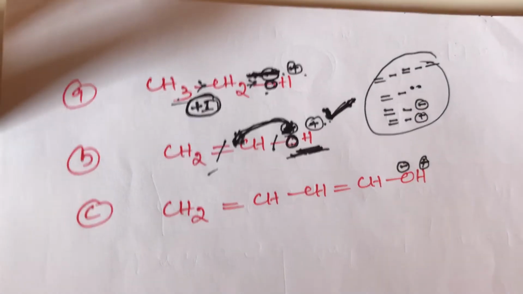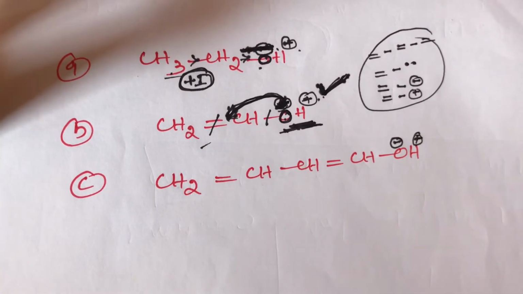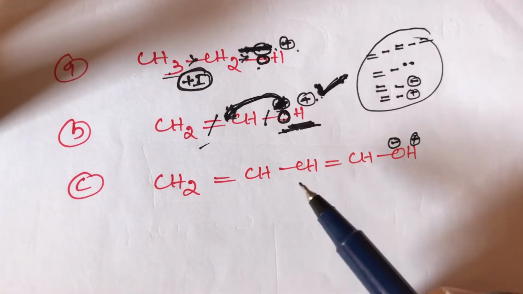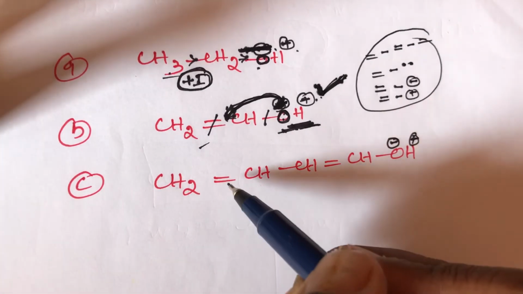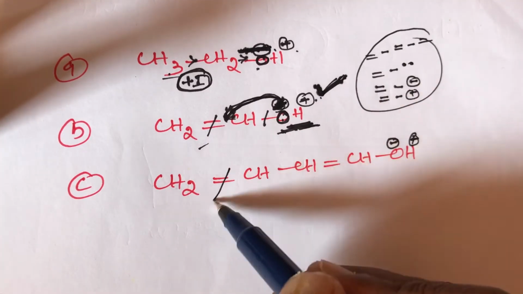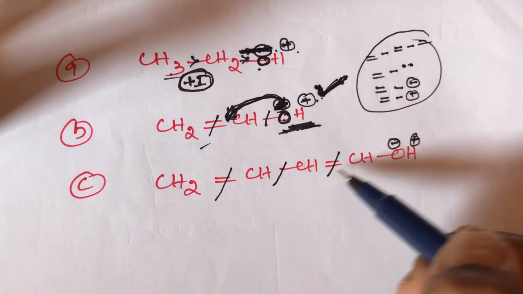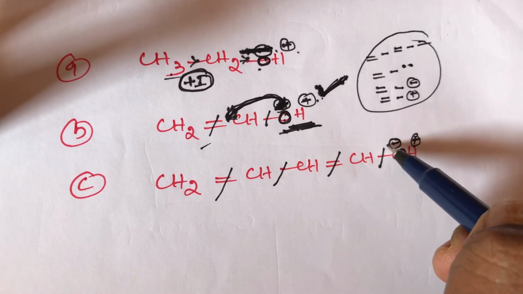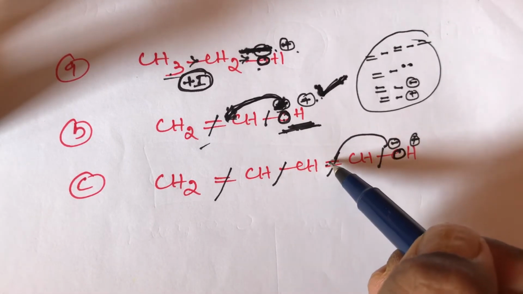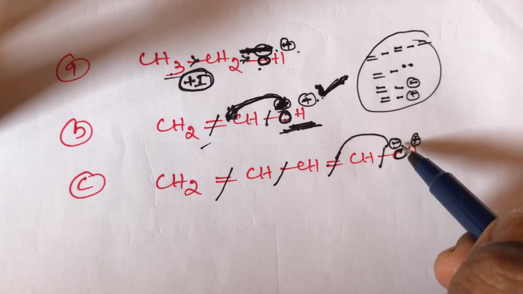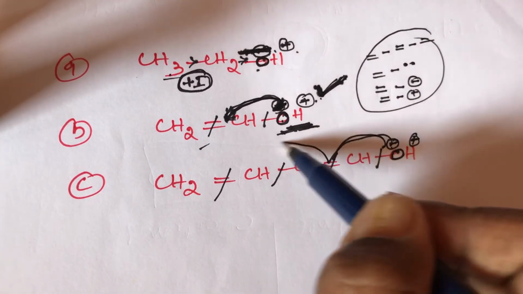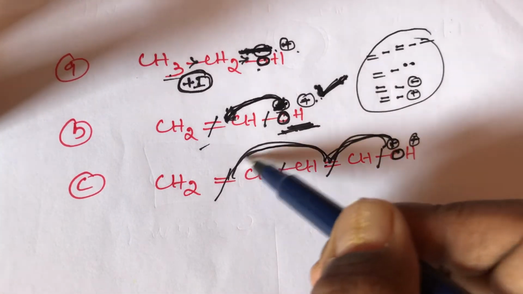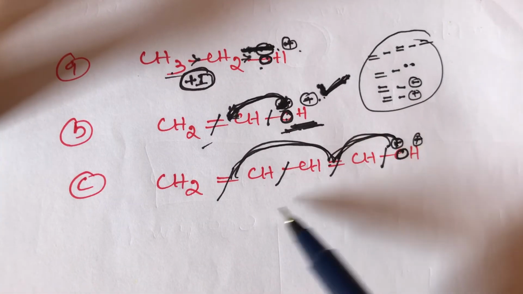And what about the C compound? In the C compound, the oxygen has a negative charge, but the C compound also has resonance or conjugation. Conjugation means double bond, single bond, double bond, single bond, and oxygen with a negative charge. This negative charge participates in the resonance two times.